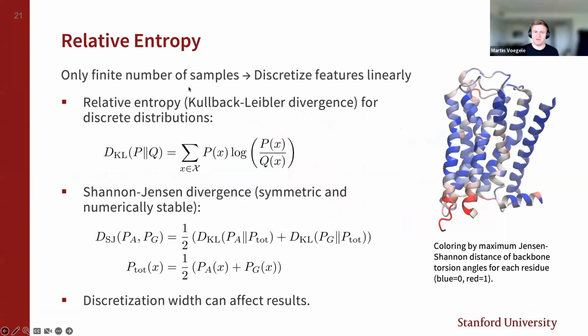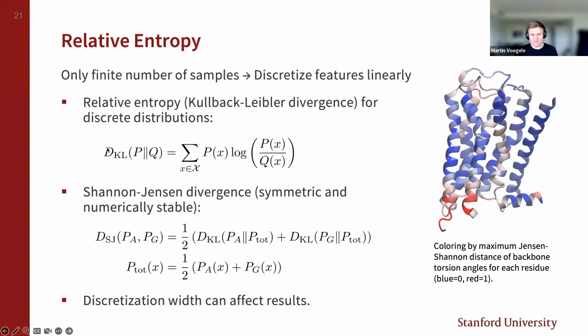As we only have a finite number of samples, we discretize them linearly and then calculate the relative entropy for discrete distributions. Another thing one could do, but we haven't implemented, is fitting analytical functions and then calculating the relative entropy analytically. But as I said, we chose to do it the other way because it's computationally much easier, and it captures more cases. So we discretize linearly along the feature space and then calculate this relative entropy.